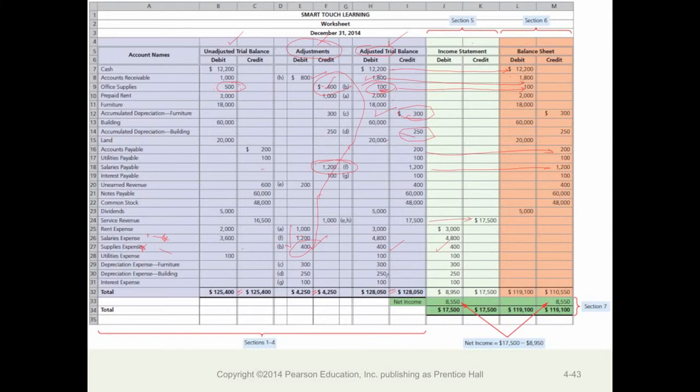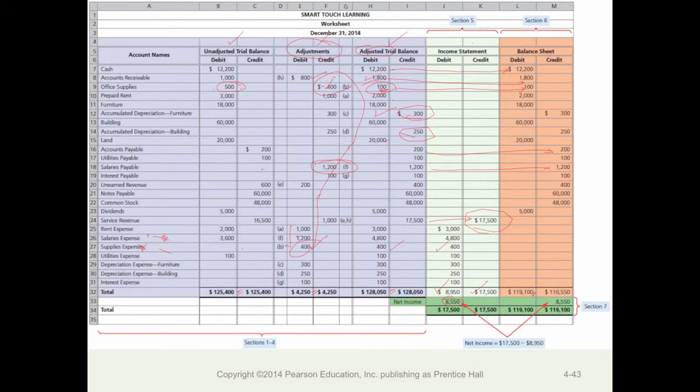You've got all of your expenses after they've been extended appropriately, and we list the expenses. And these numbers should be familiar. Revenues or sales of 17.5, and then your expenses. The credit column for the income statement exceeds the debit column of the income statement, and the difference is the net income.